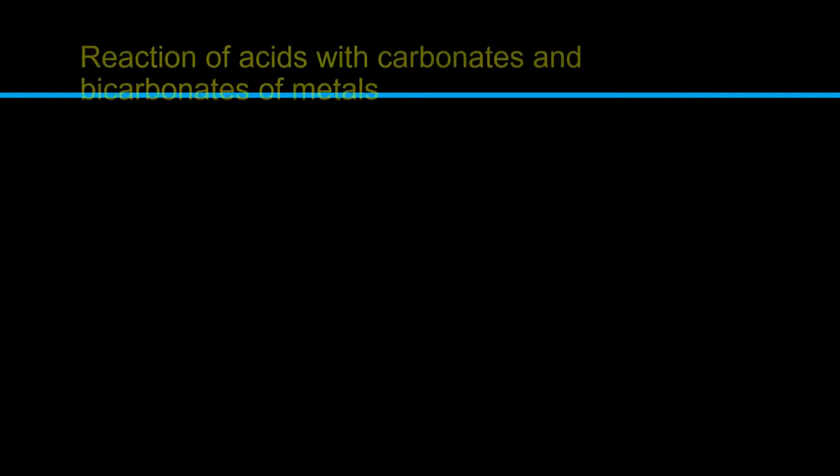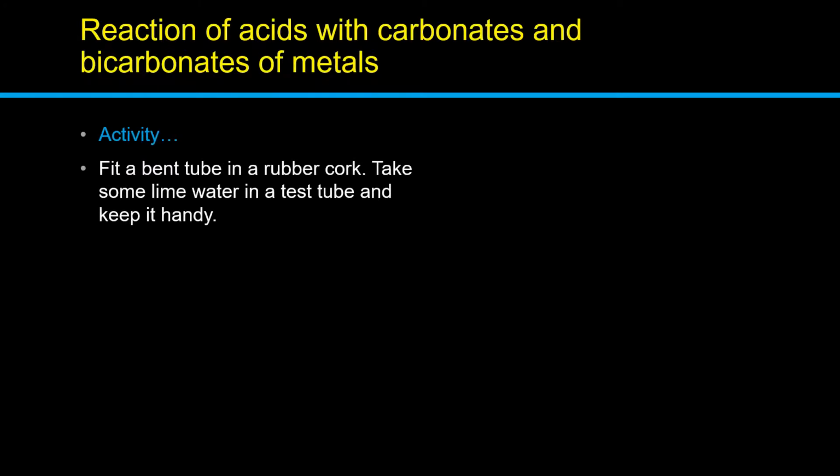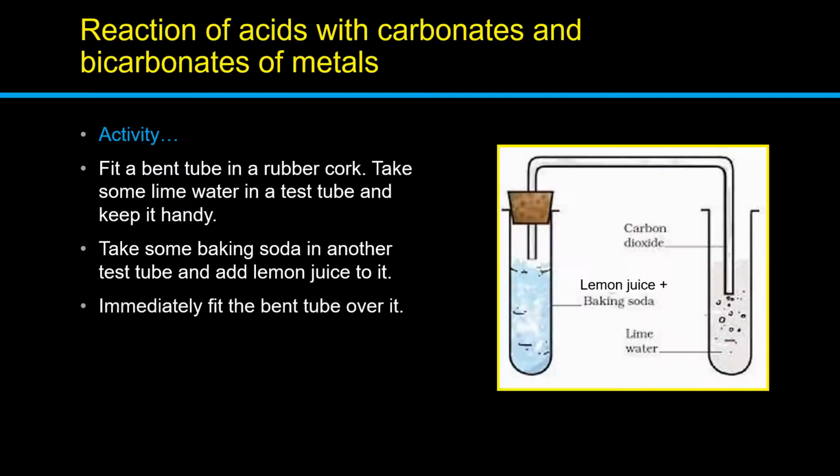What is the reaction of acids with carbonates and bicarbonates of metals? We will see. We will perform an activity. Fit a bent tube in a rubber cork, take some lime water in a test tube and keep it handy. Children, lime water is water of calcium hydroxide. Take some baking soda in another test tube and add lemon juice to it.